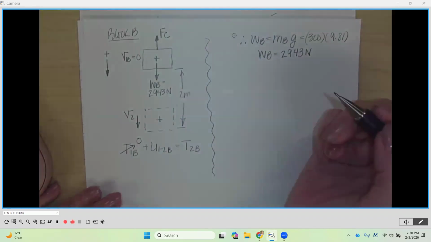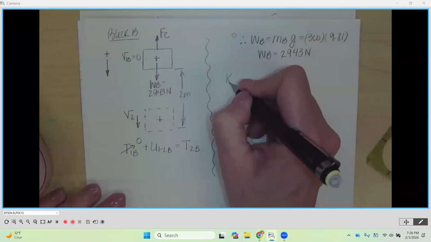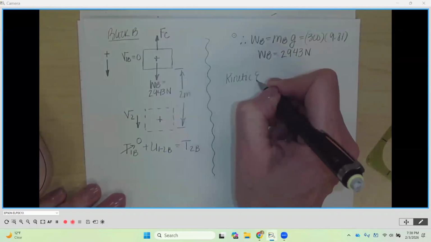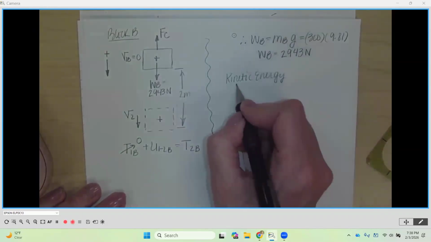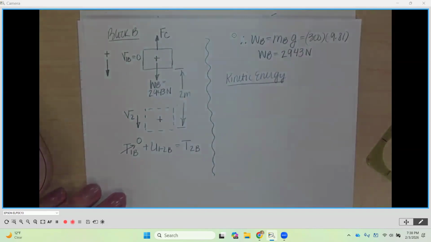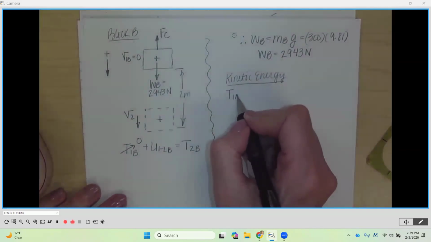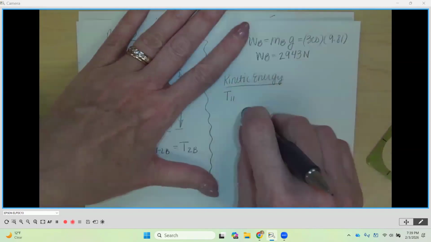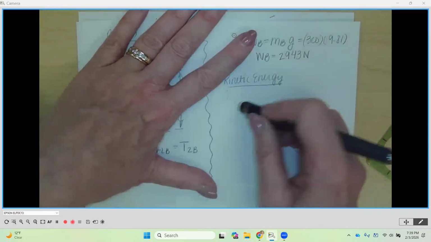I started with the kinetic energy on my problem, so I'll do kinetic energy. We know T1B is already 0, so you don't have to write that again.